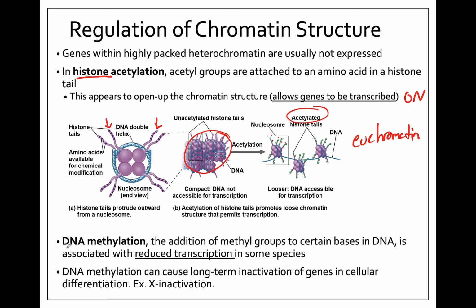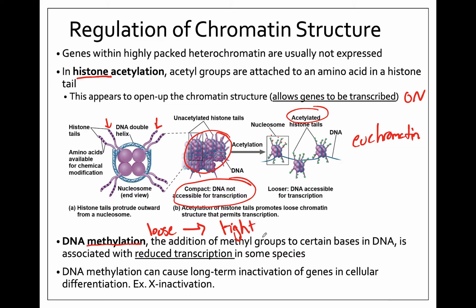Another thing is called DNA methylation, and this is the addition of methyl groups to certain bases in the DNA. What this does is it typically is going to turn a gene off, so it's going to go the other way. It's going to take some loose DNA and make it into tight, more dense DNA. When the DNA is wrapped really compact, it's not really accessible for transcription. The transcription factors and the RNA polymerase can't get in there and do transcription.